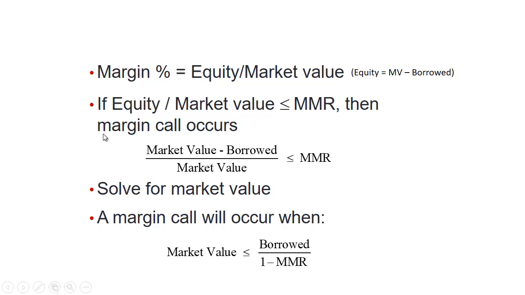And we can rewrite this as the market value minus the borrowed money, that's your equity, divided by the market value. If we solve for the market value, we can figure out what market value will give you this margin call. So you take the amount that's borrowed and you divide it by 1 minus the maintenance margin requirement.